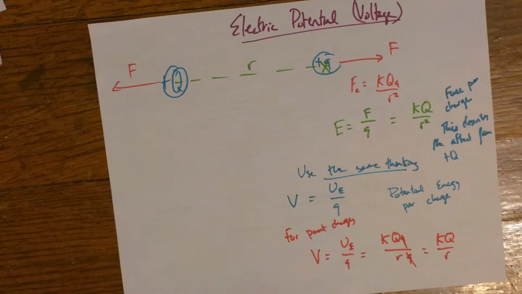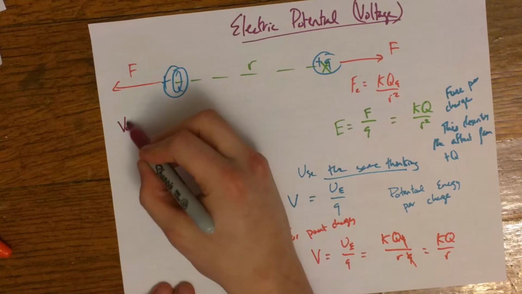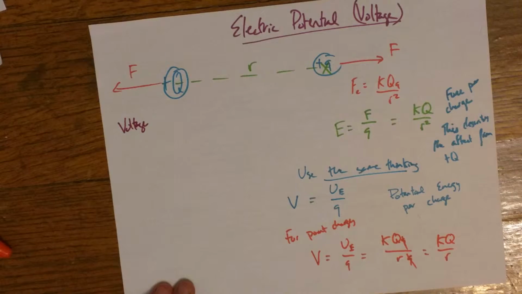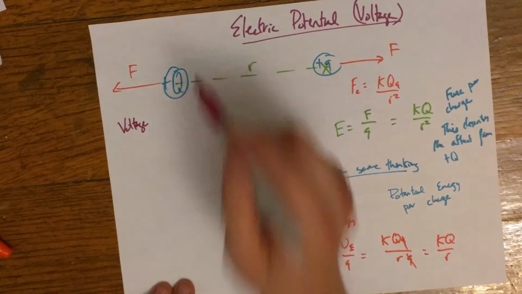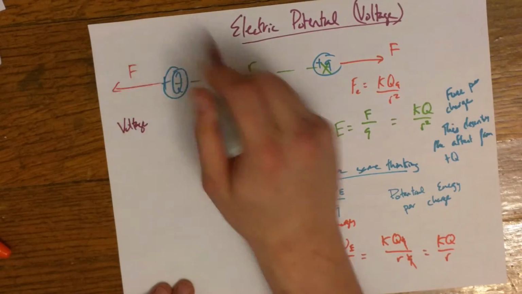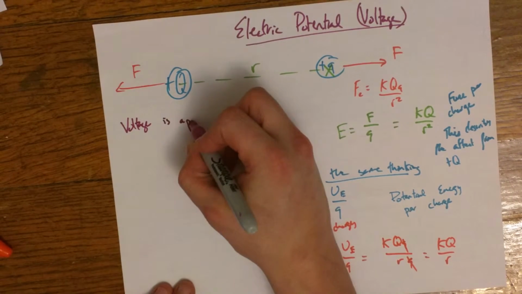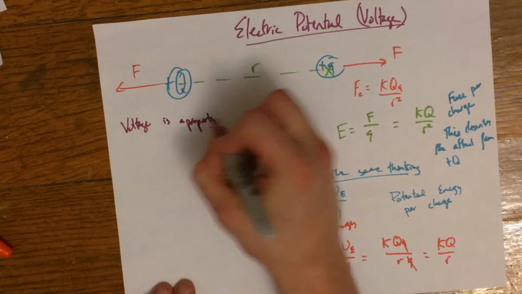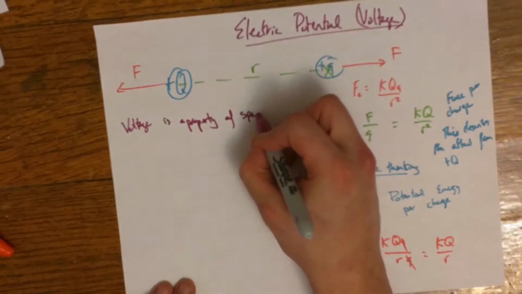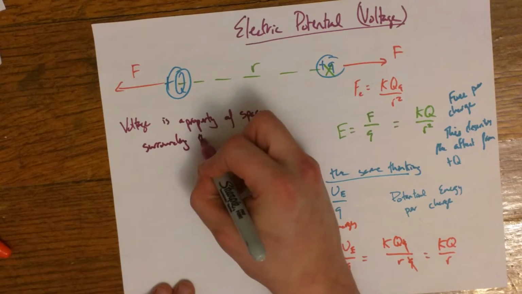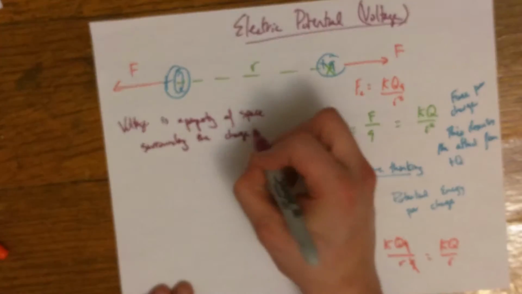So what does that mean? Well, voltage is a property of space surrounding the charge. So because this charge is here, space is different. And voltage is a property of space surrounding the charge, or charges.